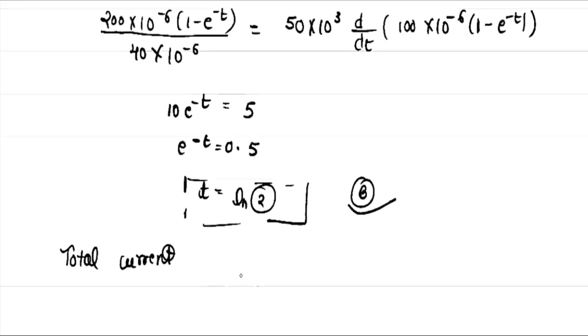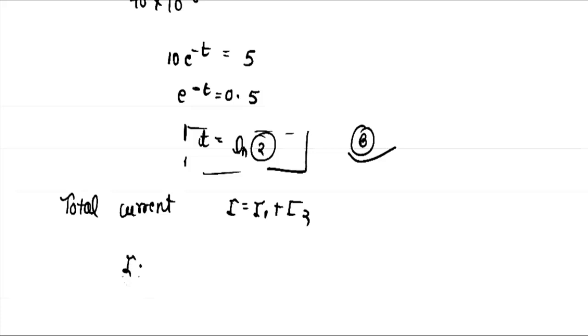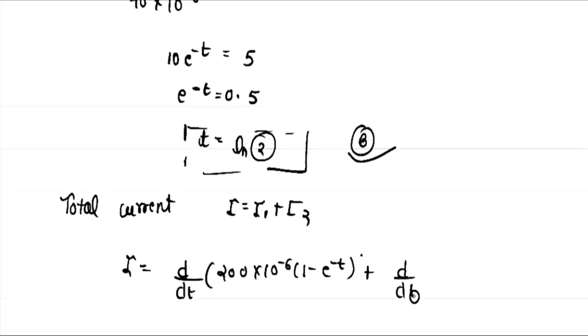So total current I is equal to I1 plus I2, and I is equal to d by dt of 200 into 10 to the power minus 6, 1 minus e to the power minus t, plus d by dt of 100 into 10 to the power minus 6, 1 minus e to the power minus t.